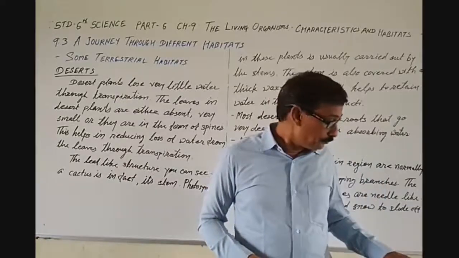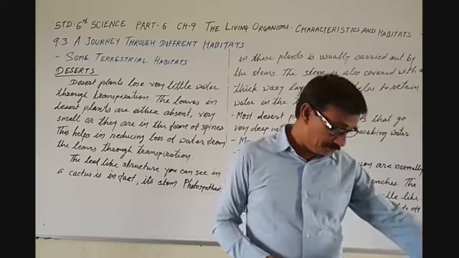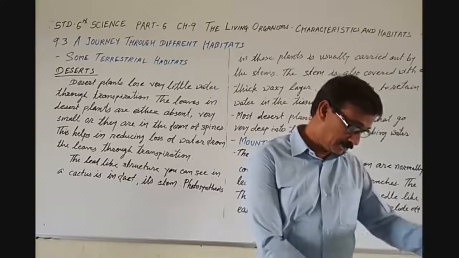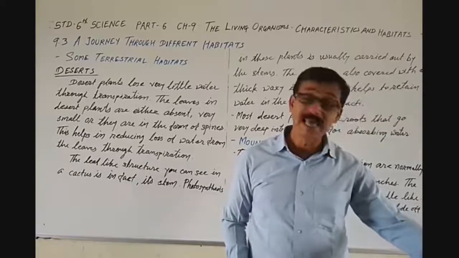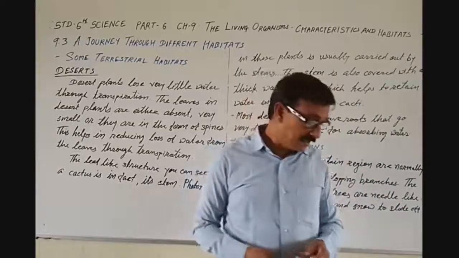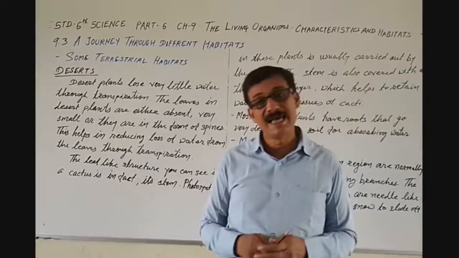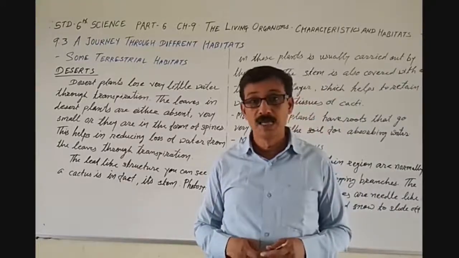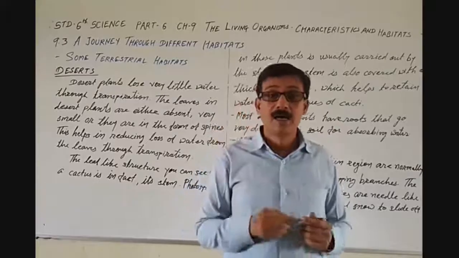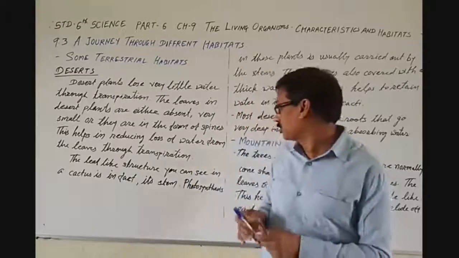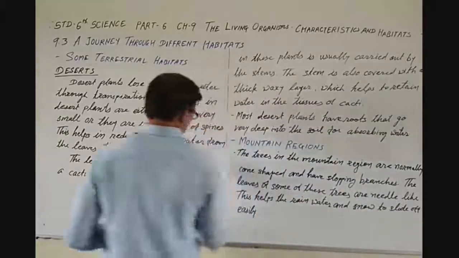Then, the leaf-like structure you see in a cactus is in fact its stem. We discussed figure 9.5, in which you can see a cactus with a leaf-like structure, isn't it? The structure is something like this.